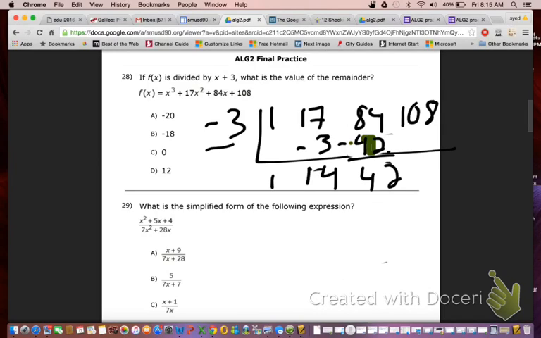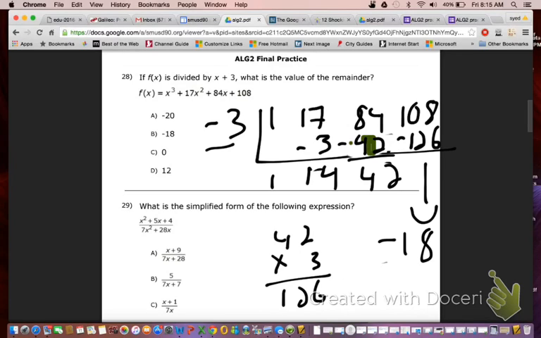So you get 42. Yeah. So you're going to see that this is negative 126. So we have negative 18 left over, so it has to be that. So that's how you go about doing that.